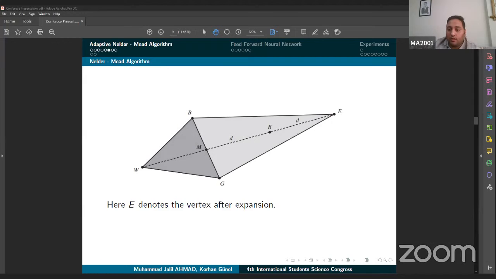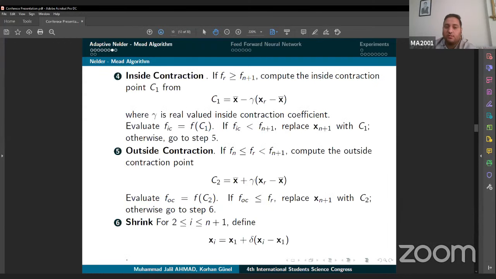Then we expanded our triangle like this, and in the third step we calculated the value of our function at the point E. And if the value is not what we were looking for, then we will get to step number 4, which is the inside contraction.